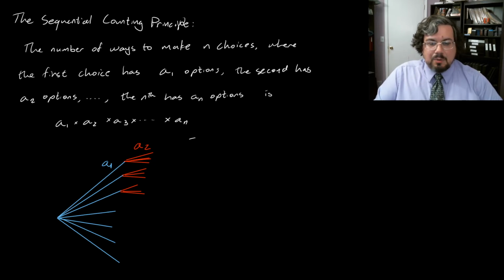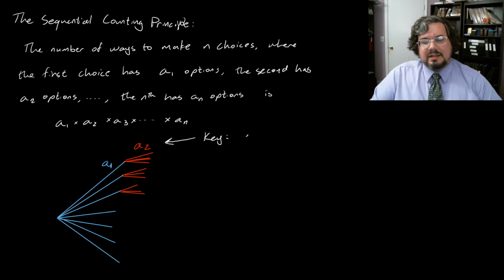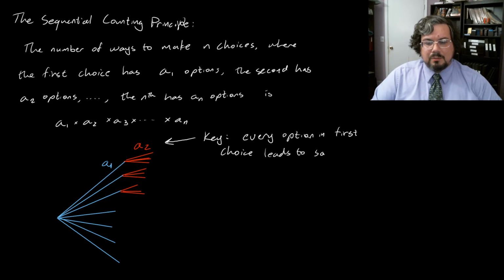So that's a key point that I want to point out: every option in the first choice leads to the same number of options in the next choice, and so forth and so on.